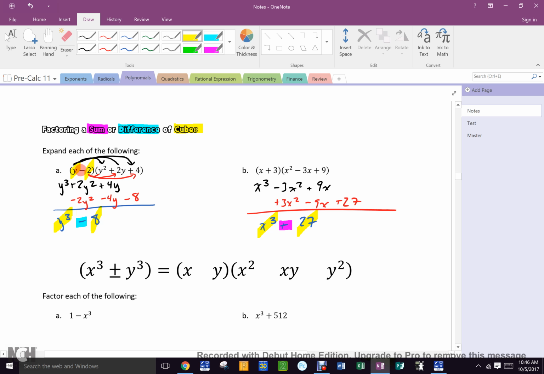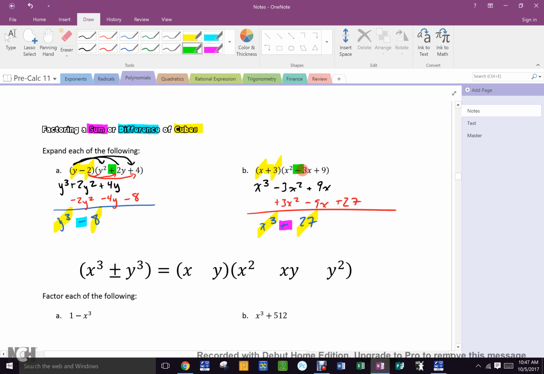And minus. Everybody cool? What about this one? X cubed's cube root is x, 27's cube root is 3. And since it's plus, this one's plus. Everybody cool? And the only other change is where? Plus or minus. Everybody good?